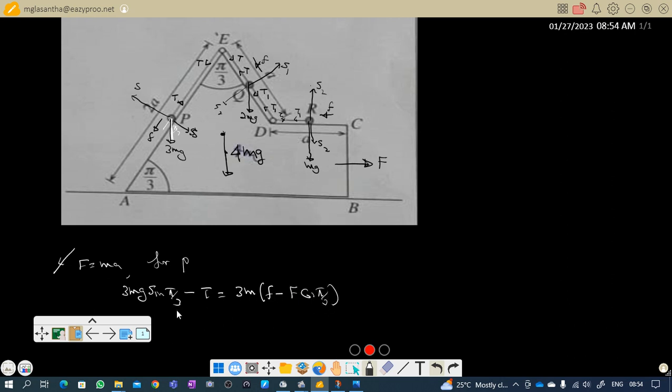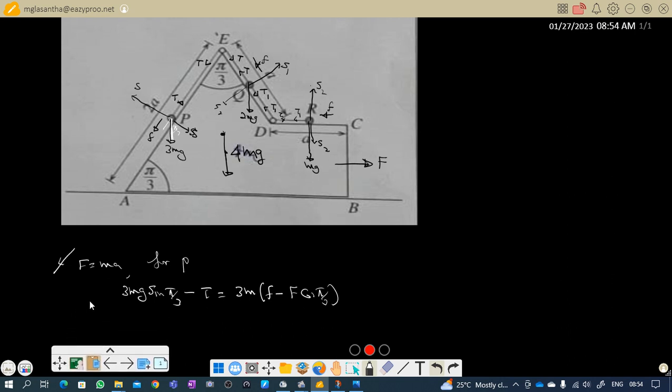So this is one equation: 3√3/2 mg minus T equals 3m times (f minus F/2). So this is equation 1, right?